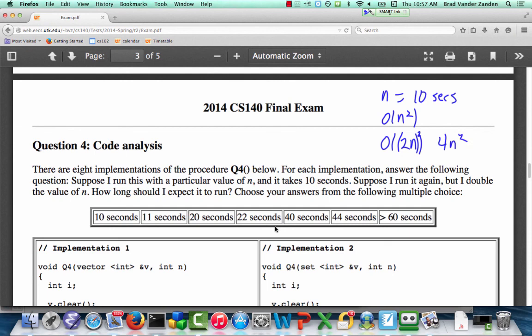So if n takes 10 seconds, 2n is going to take 40 seconds, because n took n squared time, and 2n takes 4 times as much time as n. So I'd expect you to answer 40 seconds in that case.